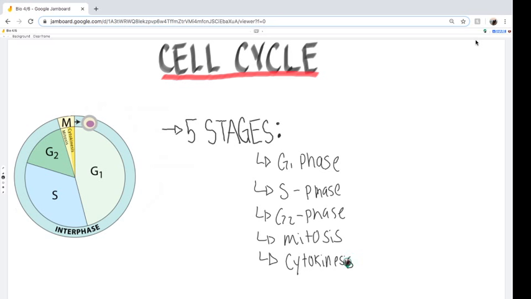The G1, S, and G2 phases together are called interphase. And mitosis and cytokinesis together are called the M phase.